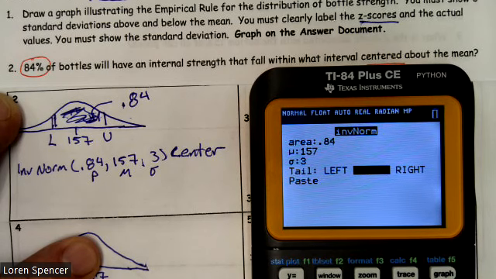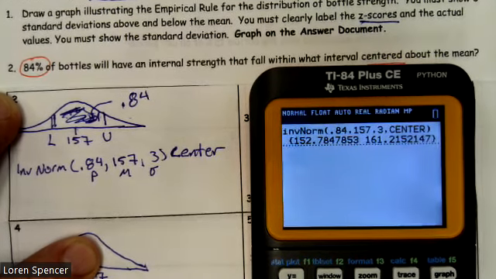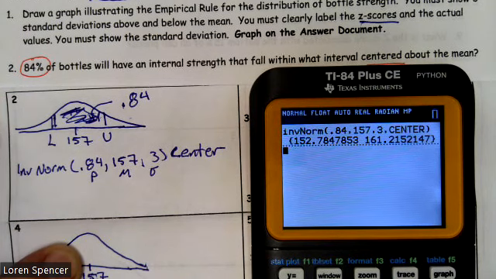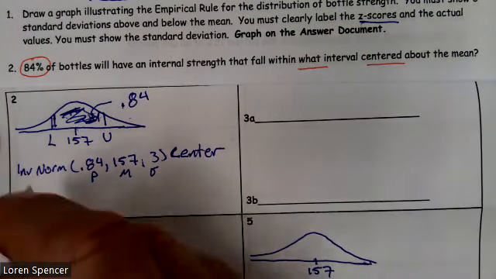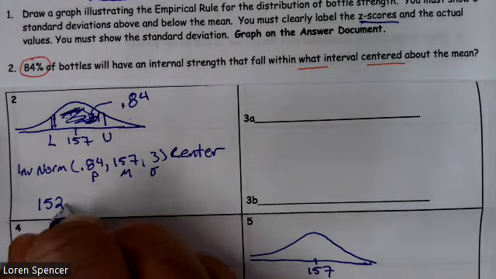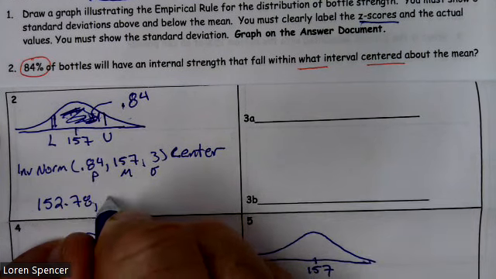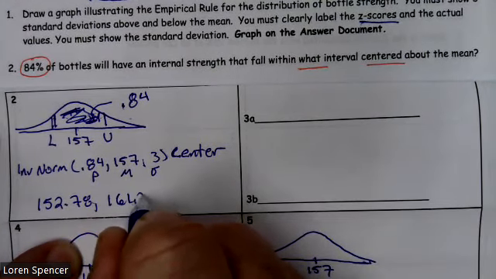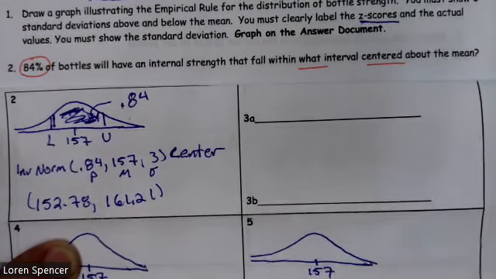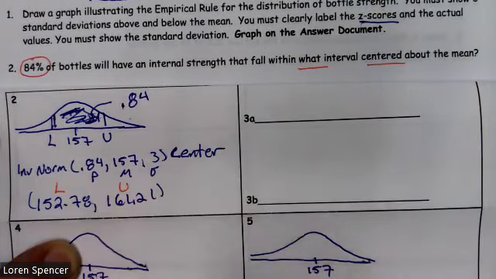Make sure center is highlighted. And we get 2 values, 152.78 and 161.21. Put those in parentheses, and it's a good idea to label those lower and upper.